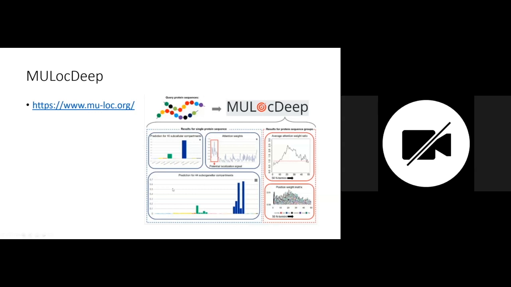And also, besides the 10 subcellular compartments, we uniquely provide a 44 suborganellar compartments prediction. So this is the most comprehensive suborganellar level prediction so far. And this result is consistent with the subcellular level.